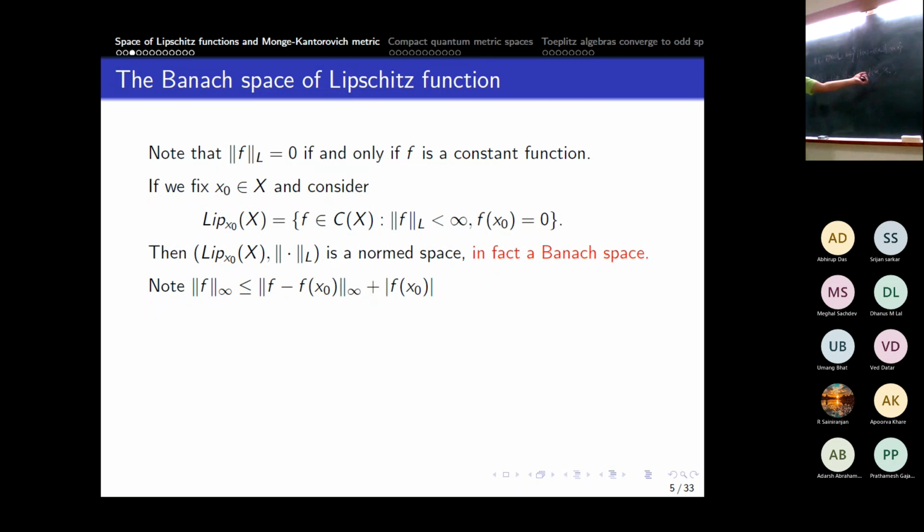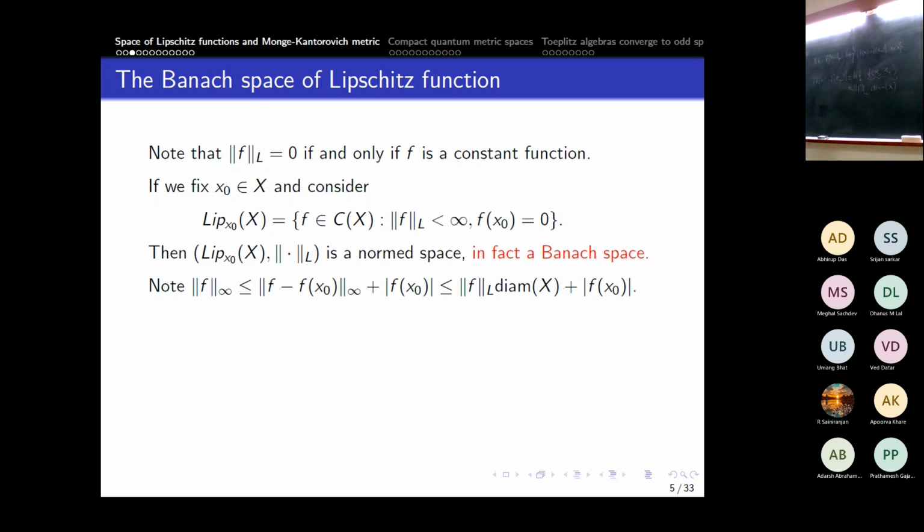In the supremum we are varying x, so we want something independent of x, but this is always less than or equal to the diameter of X. Because we are over a compact space, the diameter of X is a finite quantity. So this is less than or equal to the norm of f times the diameter of X. That is our next inequality.